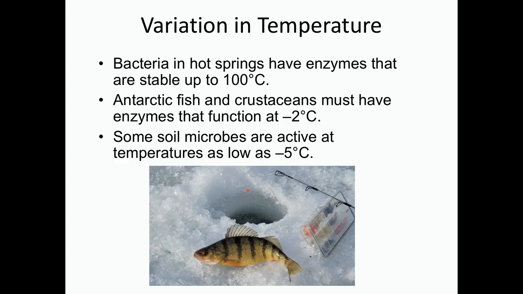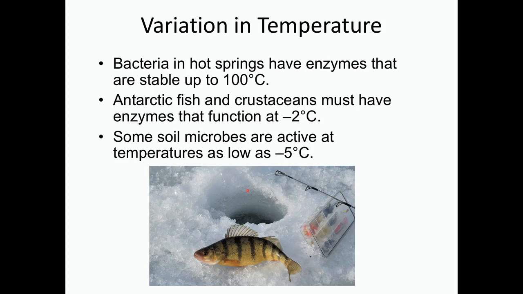So this happens in bacteria as well. Bacteria will produce enzymes that are stable to really extreme temperatures, whereas organisms that grow in colder environments like Antarctic fish must have enzymes that can function at very low temperatures. And there's even some soil microbes that can survive sub-freezing temperatures down to -5 degrees Celsius, which are pretty extreme.